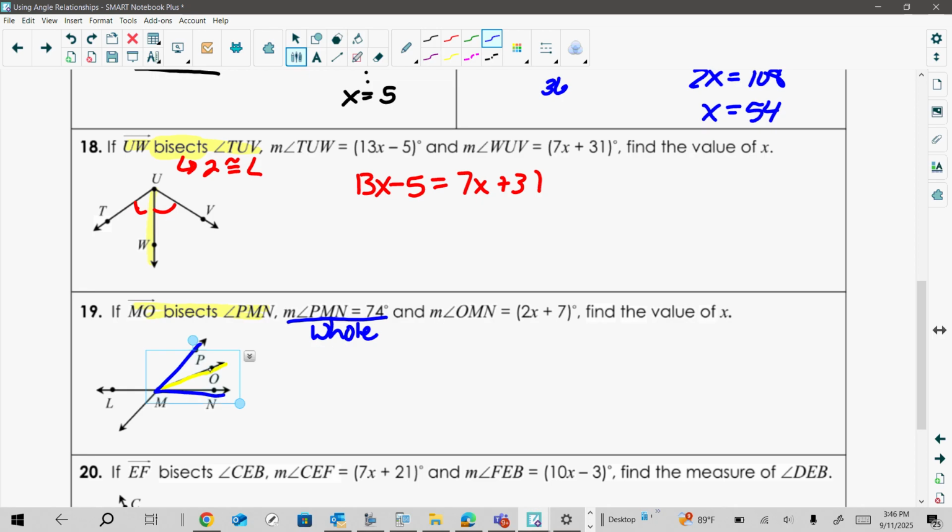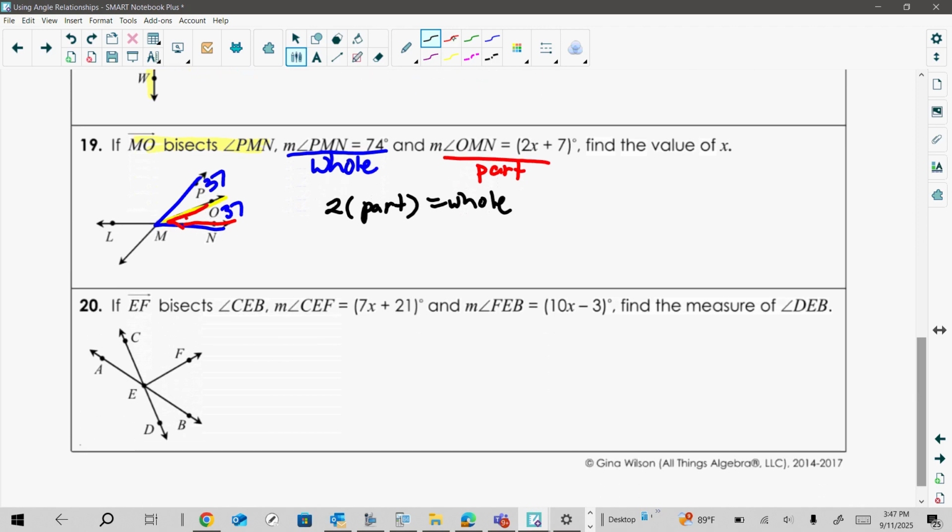Or they also give me this OMN, which is the part here. So there's two ways. I can split up the whole and get 37 here for each angle, or I can double the part and make it equal the whole. So it just depends on which way you want to solve this, but you need to solve it for x.